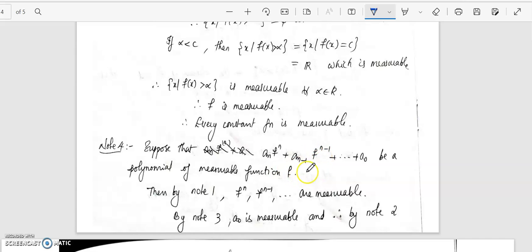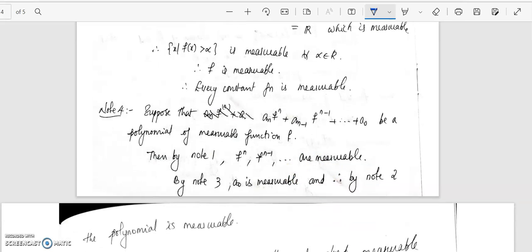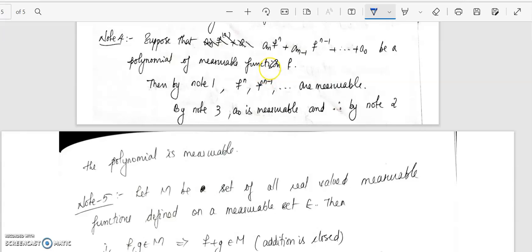So f in powers and linear combinations come in. So by the previous notes, this is again measurable. Raised to n in general is measurable, linear combination is measurable. So therefore a polynomial of this type in f is measurable.